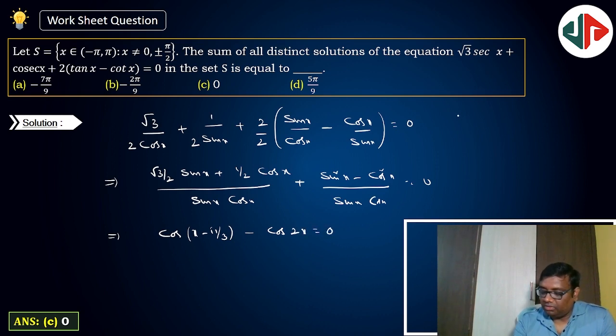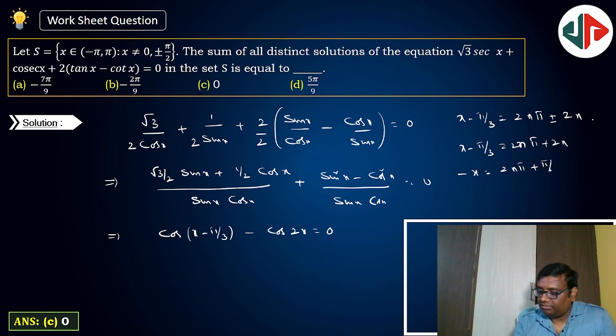So it is nothing but x minus pi by 3 is equal to 2n pi plus or minus 2x. Now you simplify, but no values will exist between. This is nothing but x minus pi by 3 equals 2n pi plus 2x. So minus x is equal to 2n pi plus pi by 3.